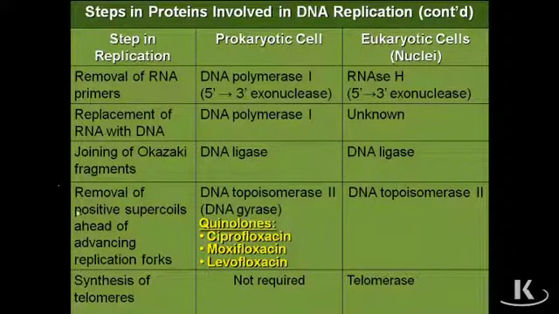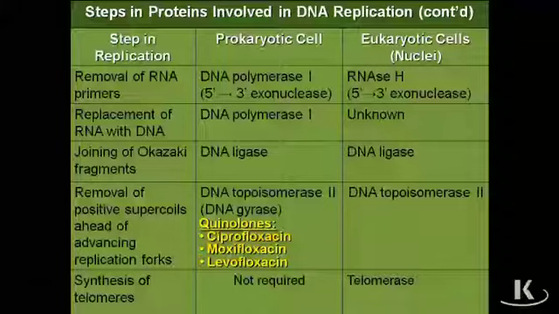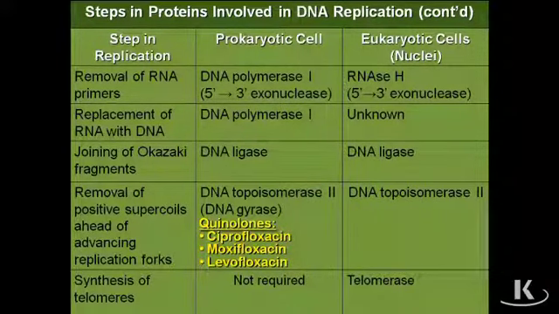In eukaryotes, we also have topoisomerases to remove these positive supercoils, and there are a couple of drugs that target eukaryotic topoisomerase. You would use these to treat some types of cancers, and the drugs' names would be like etoposide or tenofovir. These are drugs that specifically target eukaryotic topoisomerase II. You don't need to worry about the differences between topoisomerase I and topoisomerase II. Not too big of a deal.